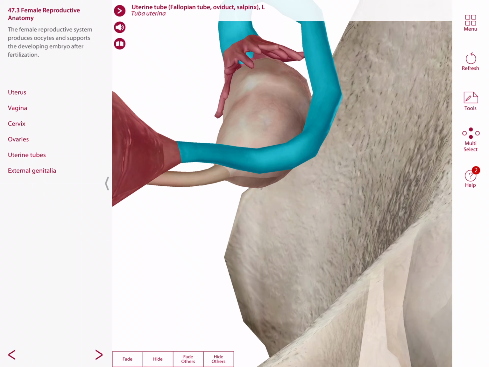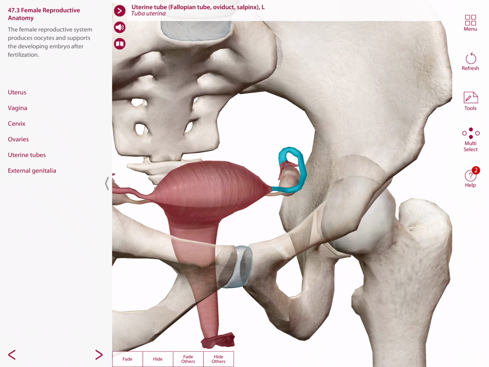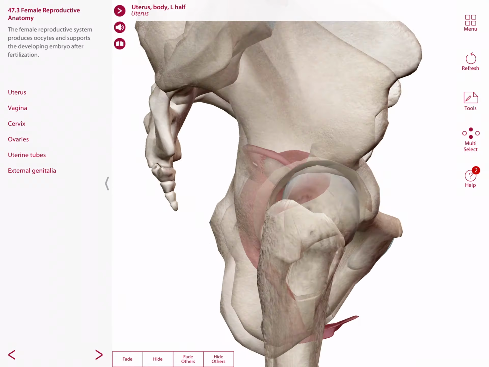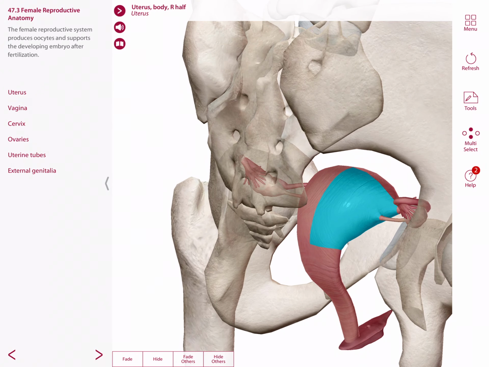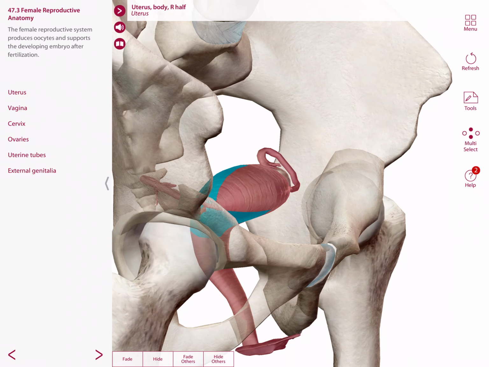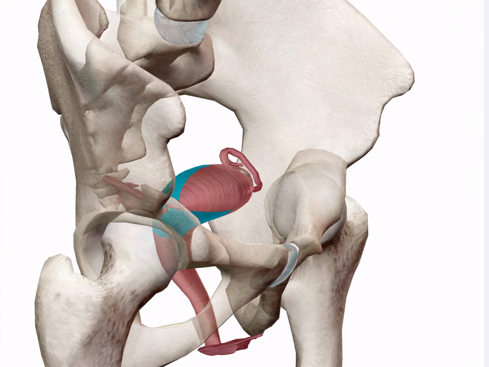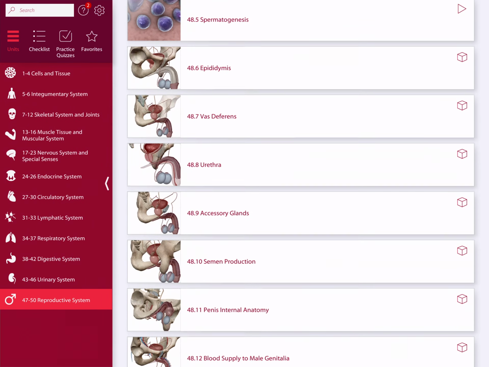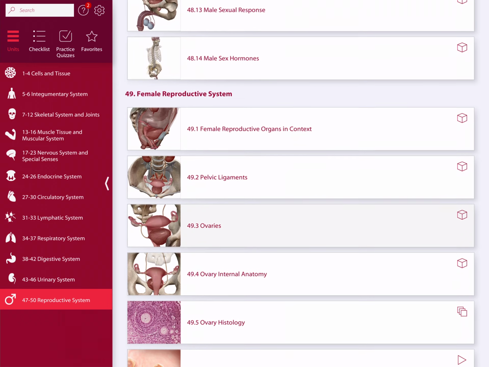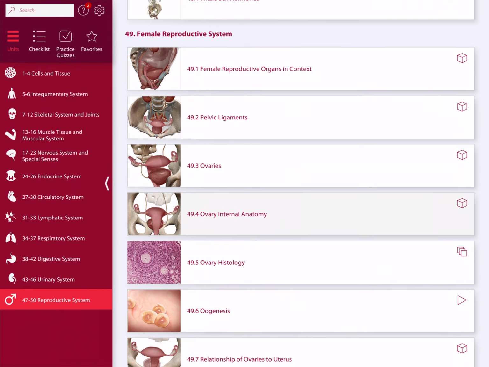You can see there's the uterine tube right there. Then the sperm would hopefully unite with the egg, fertilization would occur, and hopefully it would hang out in the uterus and not be all the way up in the fallopian tube or the uterine tube.